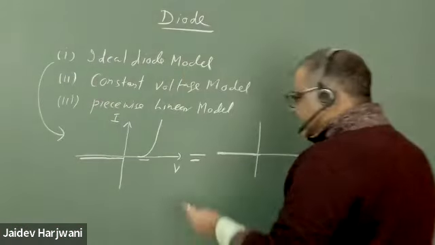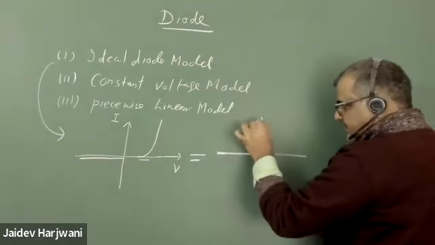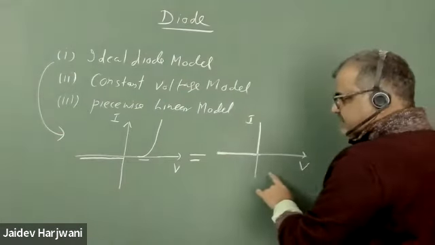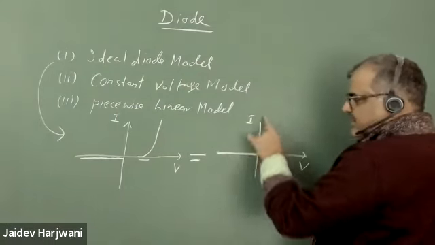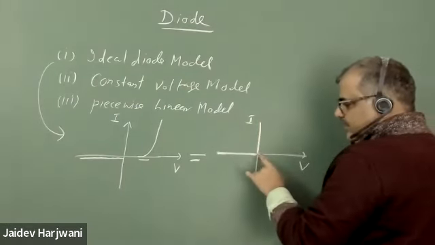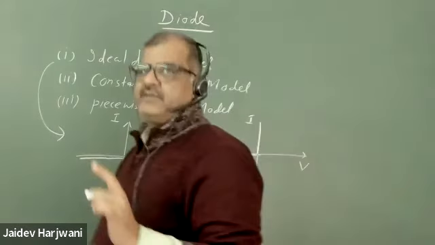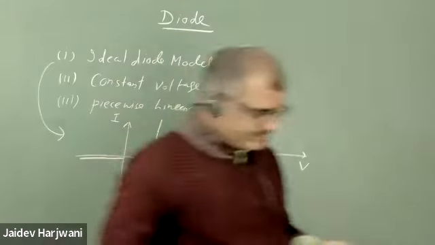So this IV characteristics was approximated by this IV characteristics. What is the meaning of this? Whenever the diode is in forward bias, a current will flow through the diode, but the voltage drop across the diode will be 0. That means in forward bias we will take the diode as a short circuit.